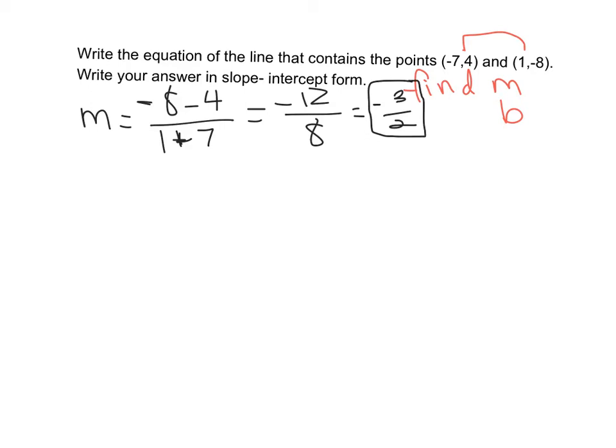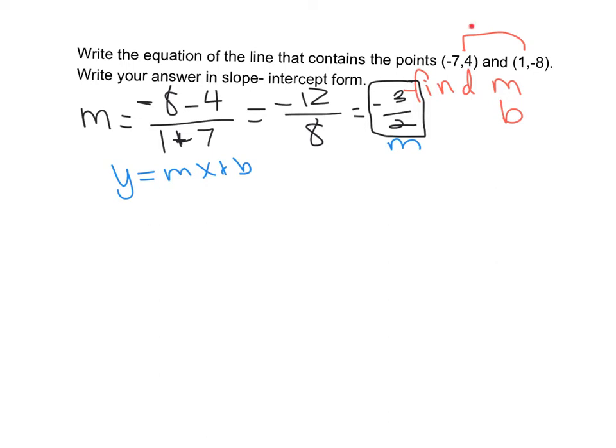So what I would do is use the equation y equals mx plus b. Right now I know my m, and I have an x and a y. So instead of having an x and a y in here, I'm going to use one of these 2 points.